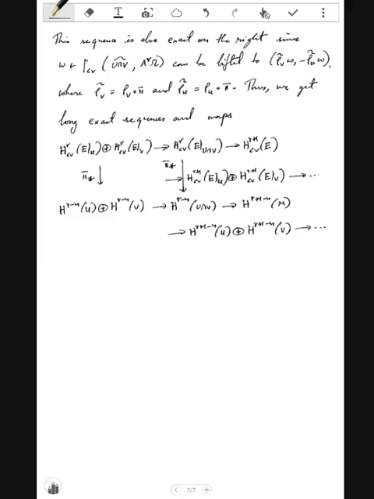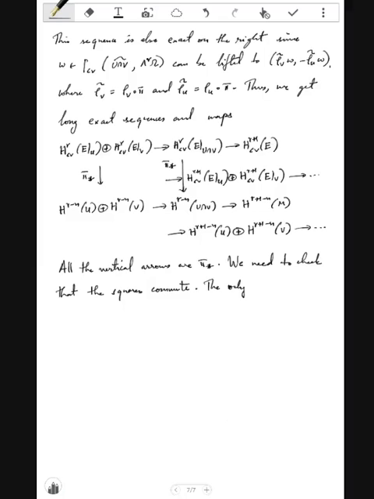All the vertical arrows are pi lower star. We need to check that the squares commute. This is an argument we have seen several times, and the only non-trivial check is with a square which contains the connecting homomorphism.